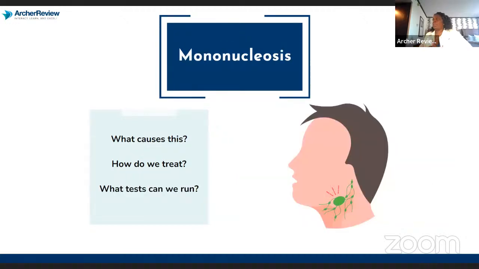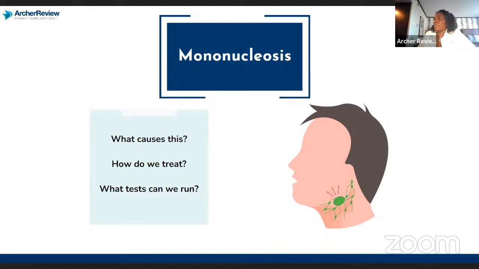Mono, what causes mono? If they come in with signs and symptoms and you take a strep test and it's negative, but the patient has a sore throat, posterior cervical lymphadenopathy and severe fatigue, or nocturnal fever, loss of appetite, weight loss, we definitely want to think mono, which is caused by the Epstein-Barr virus.